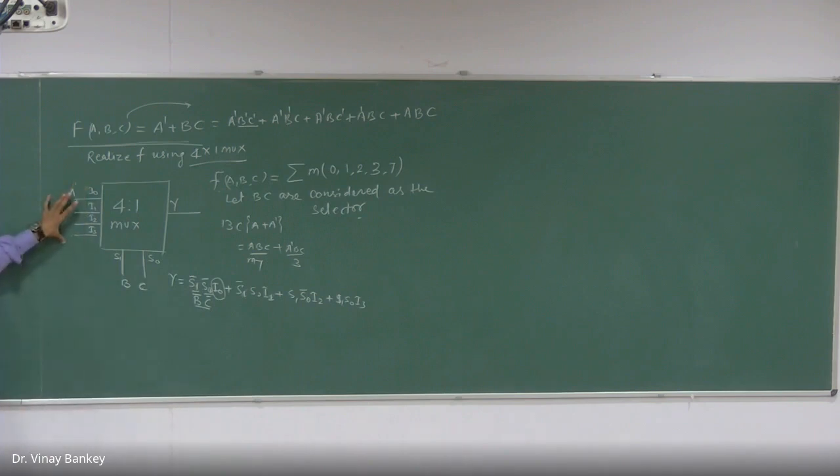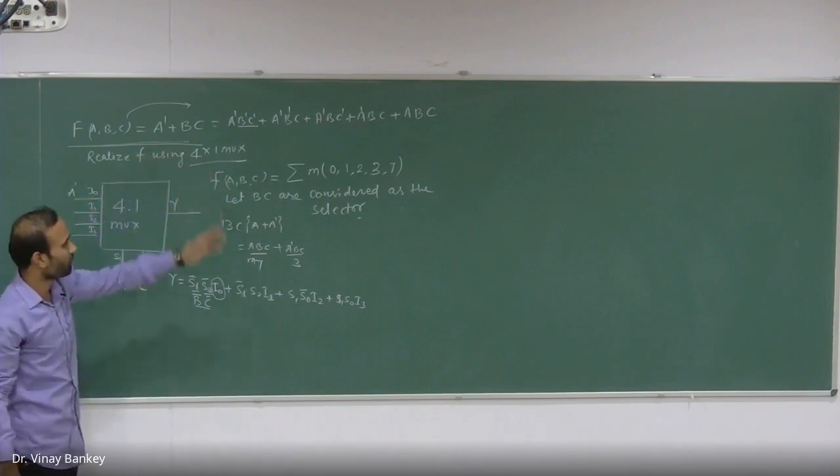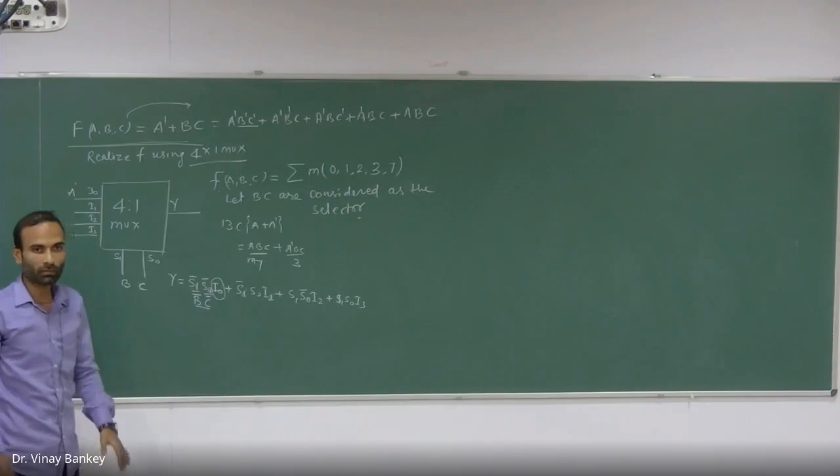So this way we'll connect, but we will not go using this Boolean function, we'll go through the K-map. That will be very easy.